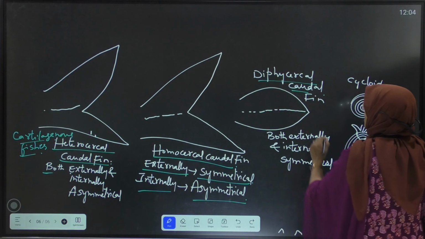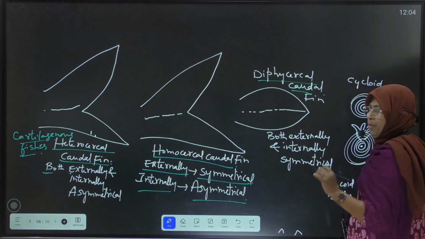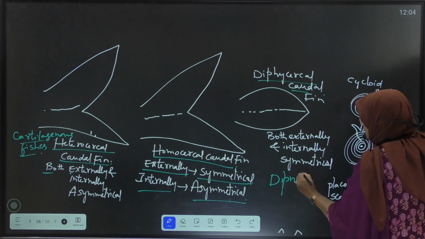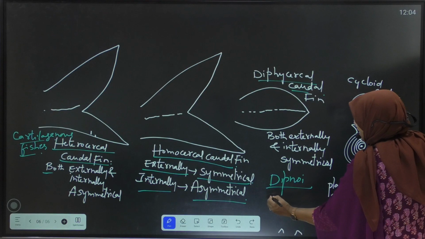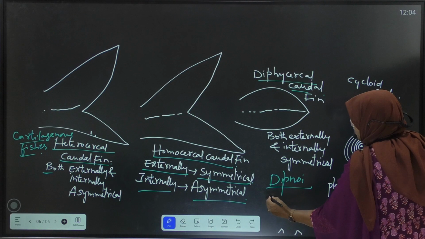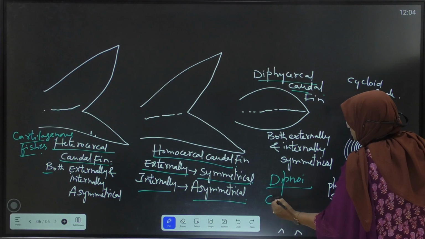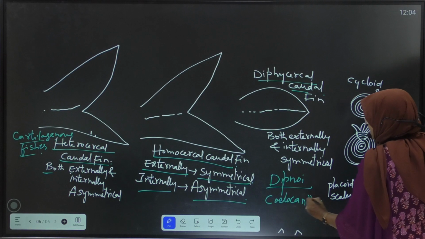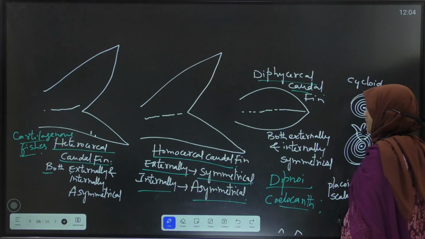The diphycercal caudal fin is also found in bony fishes like dipnoi fishes, nothing but lung fishes, and Latimeria chalumnae, the coelacanth fish, which is a living fossil among the fishes.